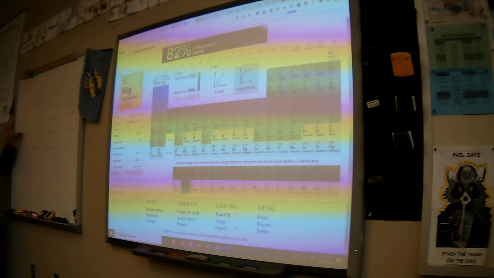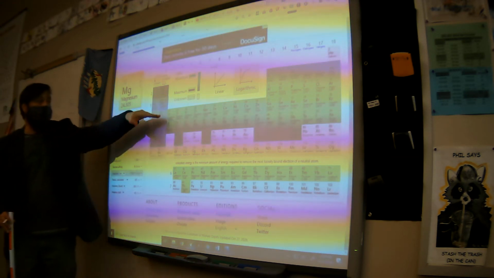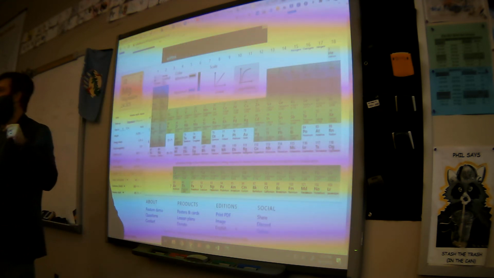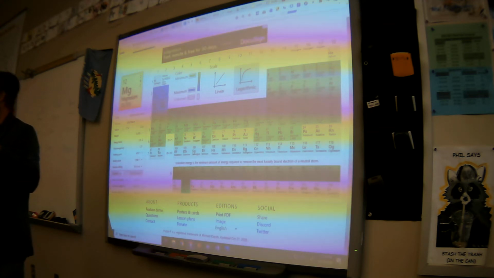Why? Because it has higher numbers, because they're closer together. Their valence electrons are closer. See what I mean?